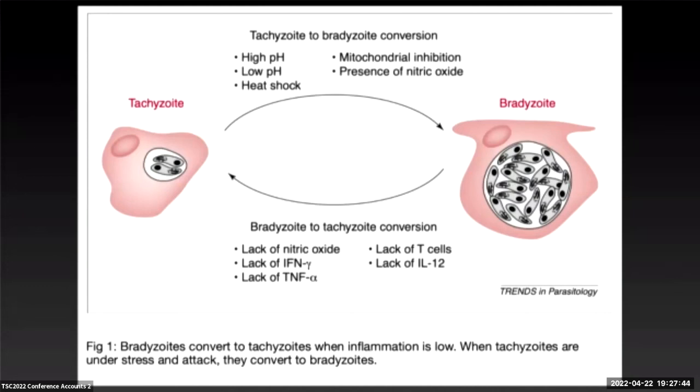It's easy to test for tachyzoites. However, that's the most rare form. Like everyone has bradyzoites in them for the most part. And for those bradyzoites, there is no commercially available diagnostic.